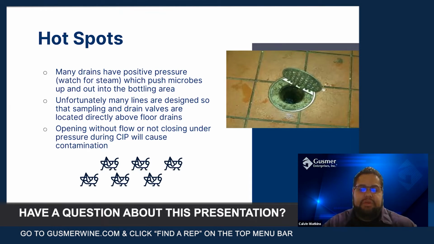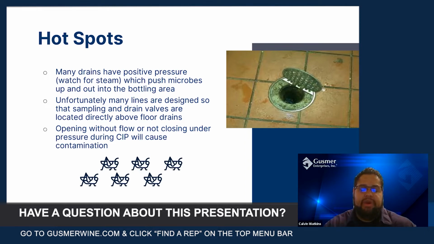What's especially of concern is if you have a line or sampling valve or other drain valves that are located right above those floor drains. You'll have positive pressure that pushes steam, which could be filled with micro, up onto your equipment and cause contamination.